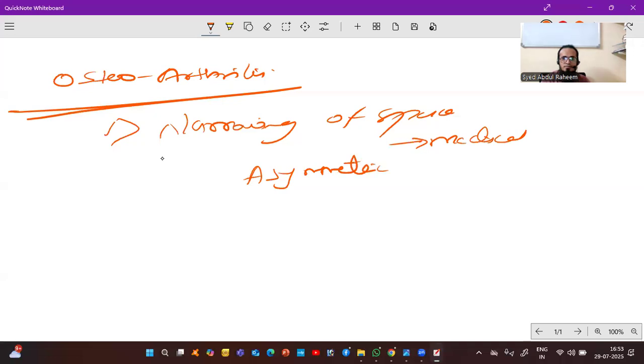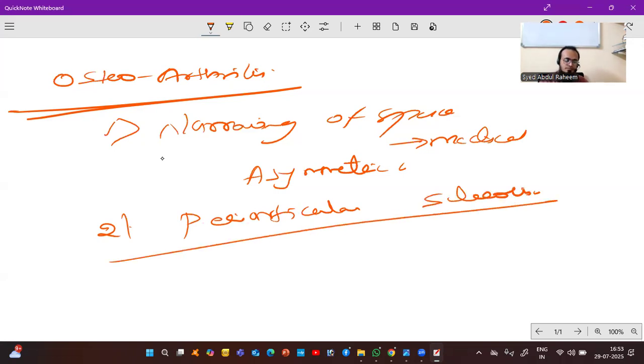The second clinical feature you can see in the X-ray is periarticular sclerosis. This is the second thing.